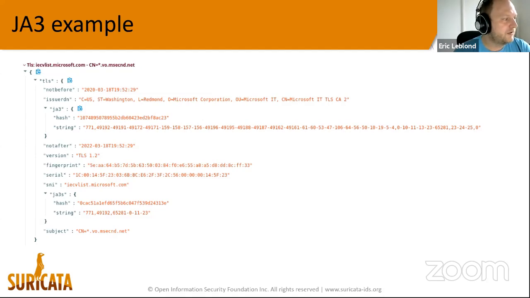Using this, they produce a hash version that is a little bit easier to read, just a hash of the string. By using that, we're able to identify the implementation. And for the JA3S, we got the same thing: a little bit shorter, the string and then the hash.